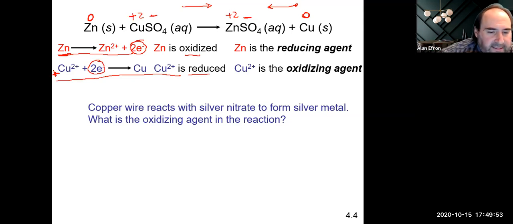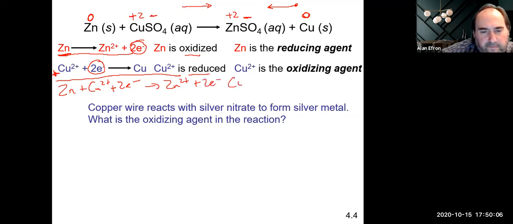And when we would add this together, again, everything on the left-hand side of the arrow stays on the left-hand side. Everything on the right-hand side of the arrow stays on the right-hand side. And again, you can think of the arrow as like an equal sign. So if you subtract the 2 electrons from each side, they cancel.